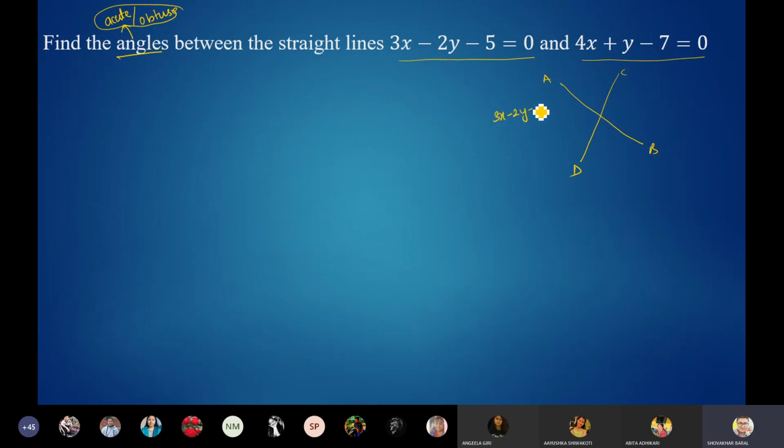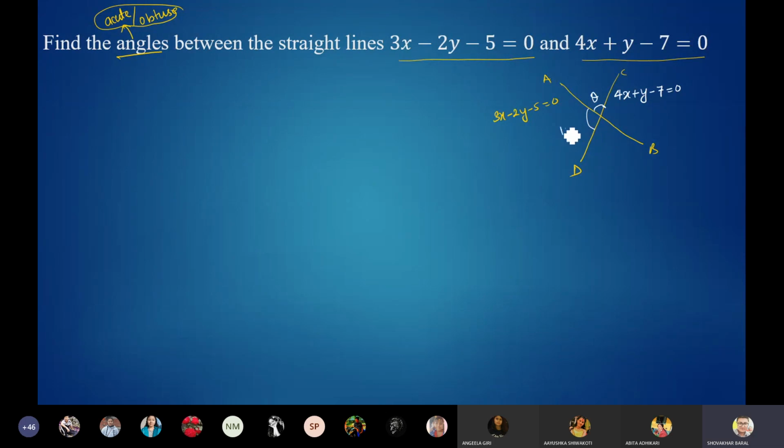Let the equation of line AB be 3x minus 2y minus 5 equals 0, and the equation of line CD be 4x plus y minus 7 equals 0. We are going to find the angle between these two lines. At first we will find the acute angle and then the obtuse angle.